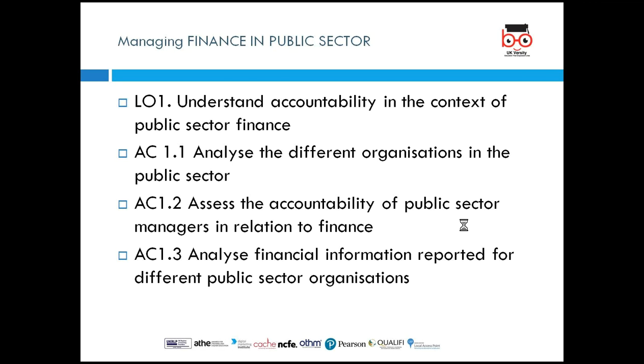Learning outcome one, as I explained, has three assessment criteria that you need to meet to pass. It is simply to understand accountability in the context of public sector finance. To pass that, we need to achieve AC 1.1, which is to analyze the different organizations in the public sector; 1.2, to assess the accountability of public sector managers in relation to finance; and 1.3, to analyze the financial information reported for different public sector organizations.